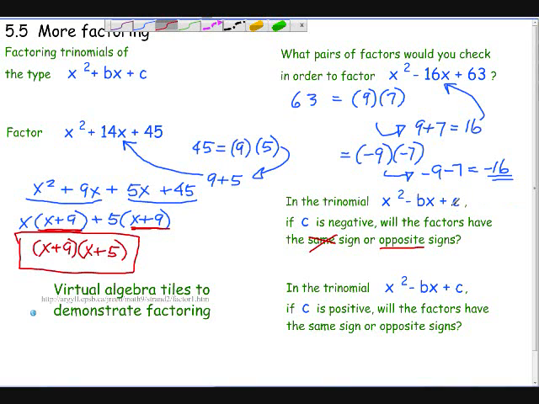There's no way that c can be negative unless they are opposite signs. If it's positive, they have the same sign.